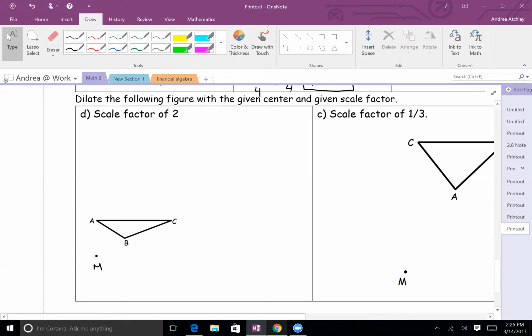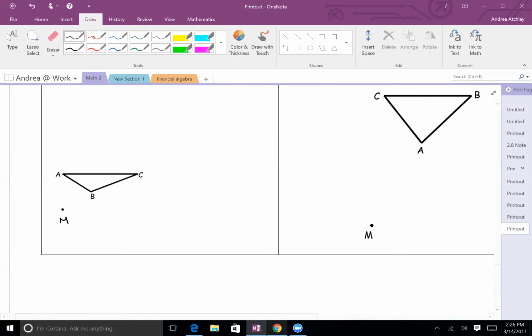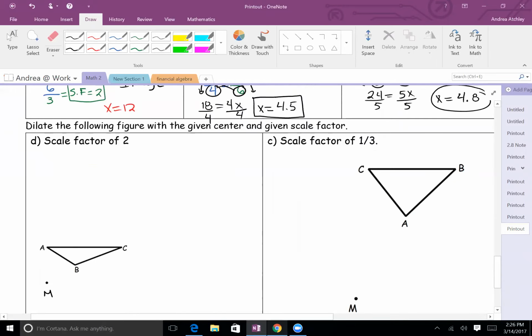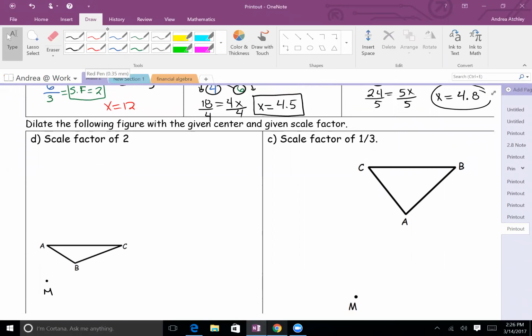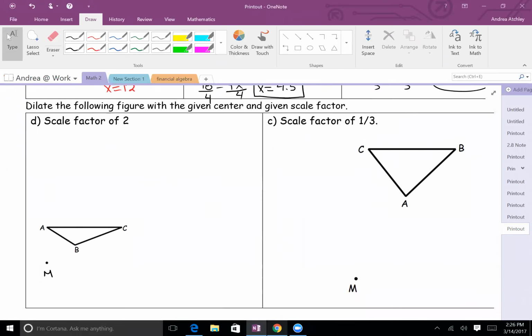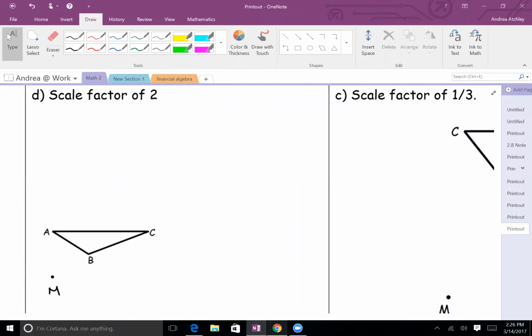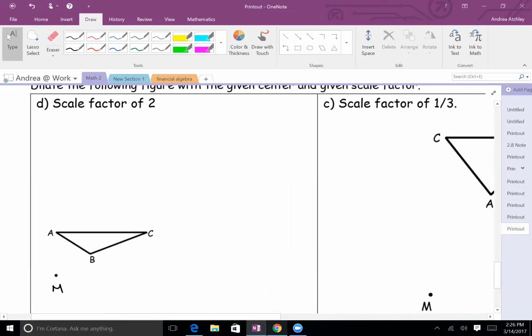We want the scale factor of 2. So I want to start by drawing lines from my center point to the vertices.